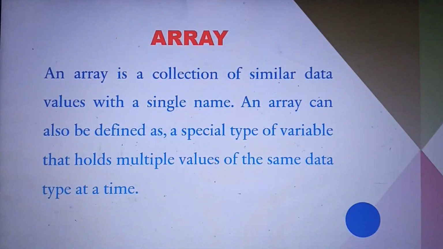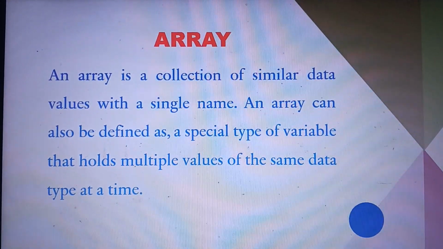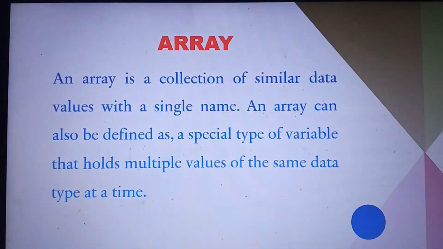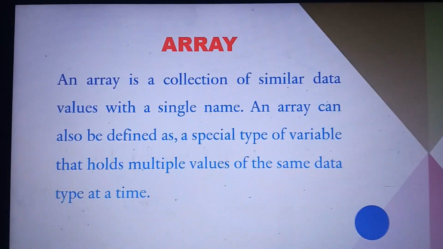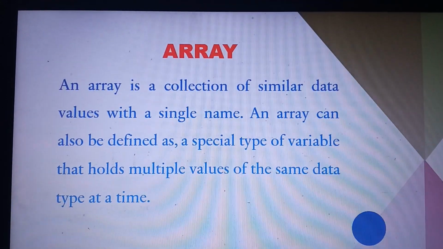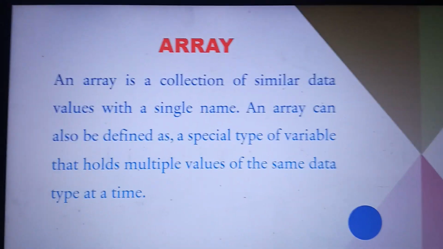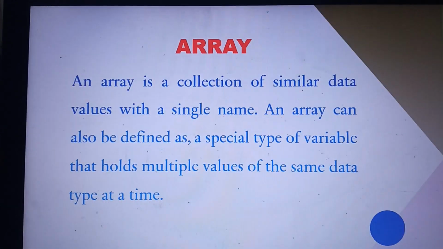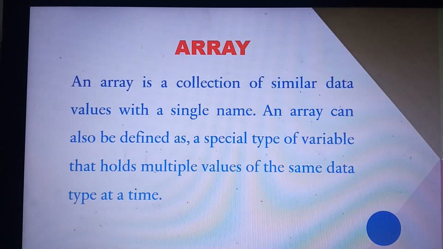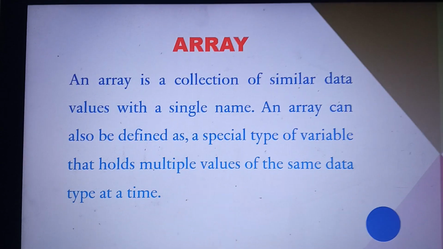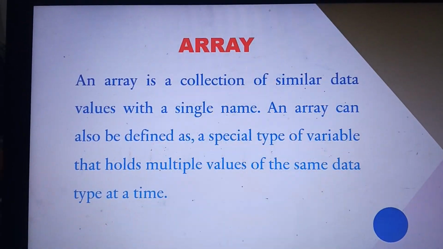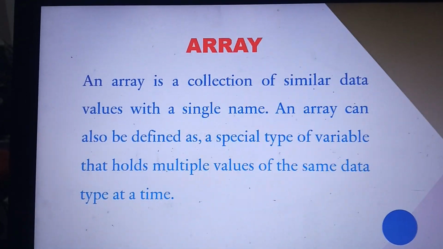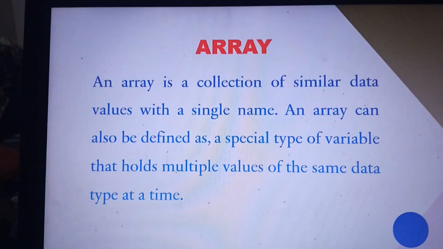An array is a collection of similar data values with a single name. For example, while we declare 10 variables, these 10 variables are stored in different places in memory. While searching or retrieving the data, it takes more time because these 10 variables are stored in different locations.